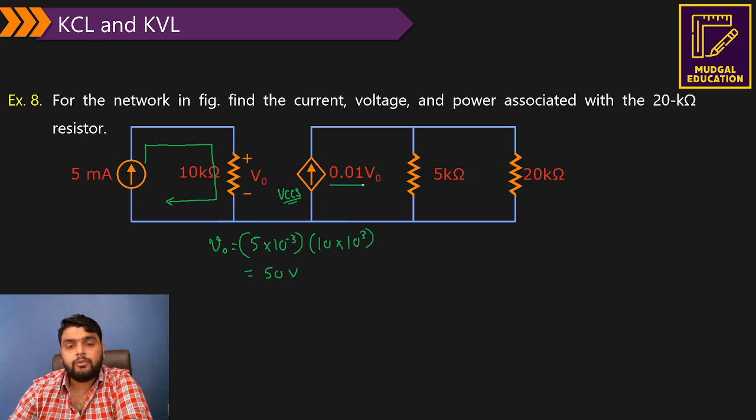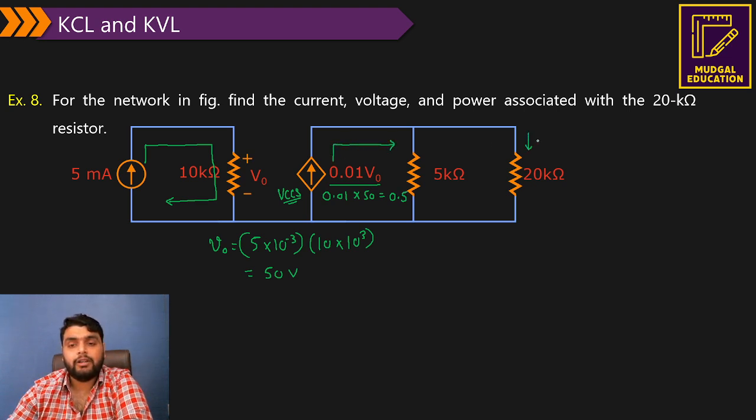So 0.01 V0 is actually a magnitude of a current because it is a current source. So it is 0.01 multiplied by 50. It comes out to be 0.5. So the 0.5 ampere is going in this direction.